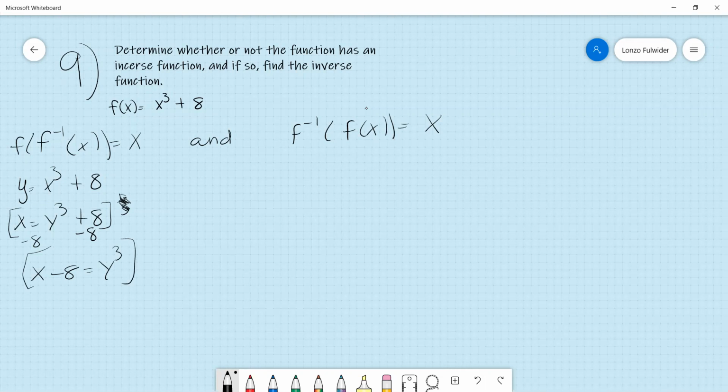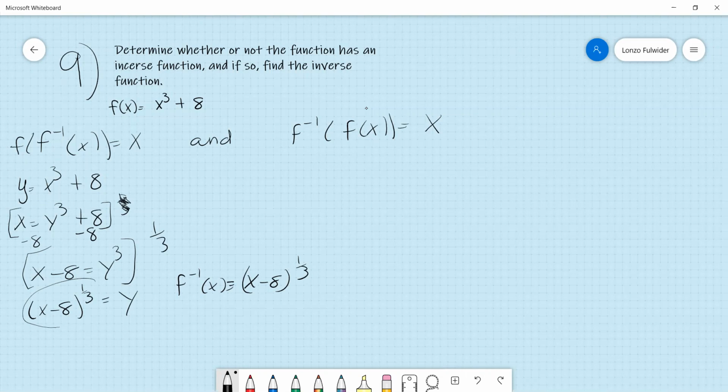And then you raise everything to the 1/3 to get rid of this 3. So this is going to be (x minus 8) to the 1/3 equals y. And then the last step is replace y with f inverse. So f inverse of x is (x minus 8) raised to the 1/3 power. So we've just found our f inverse.